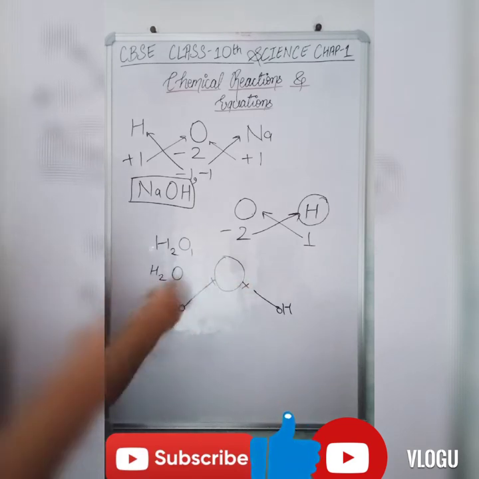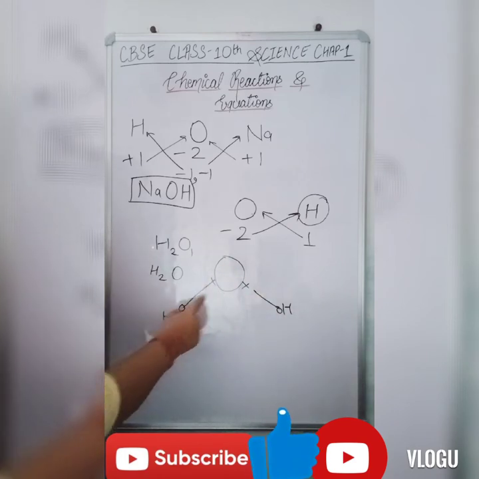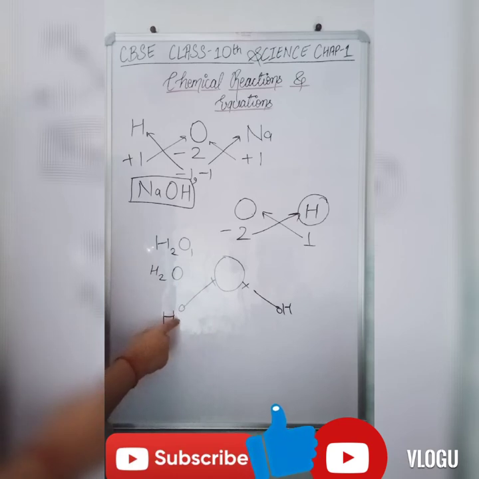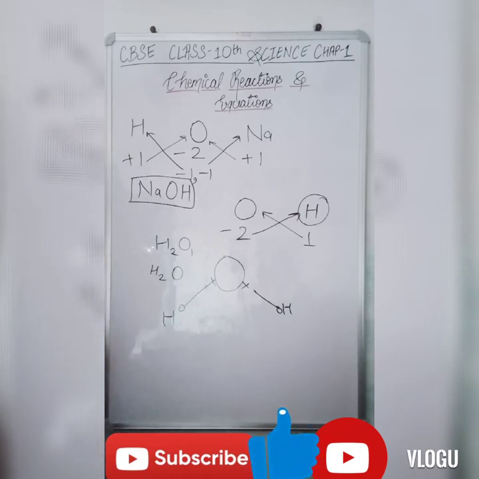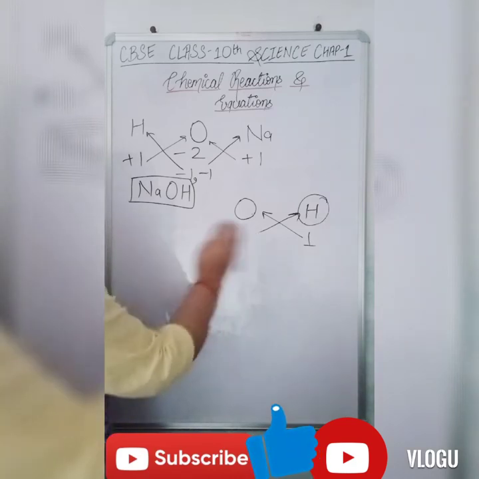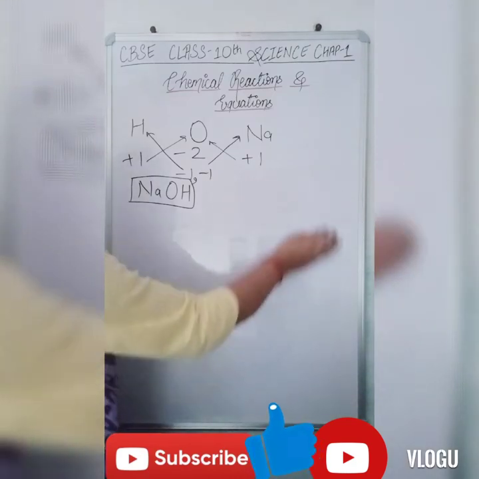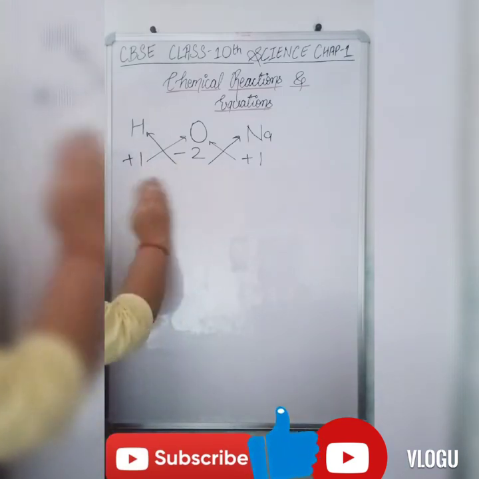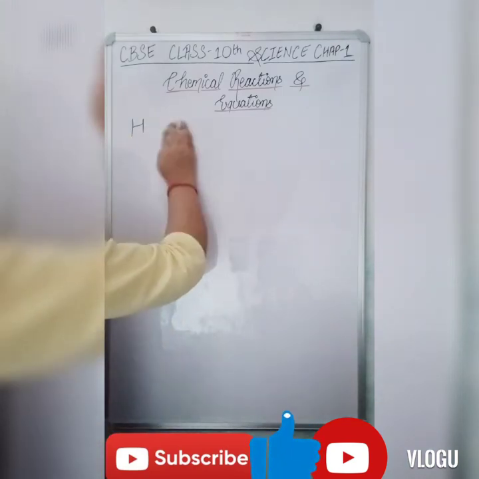In this case, neither is the oxygen taking the electron from hydrogen completely, nor is the hydrogen donating its electron completely to oxygen. It's being shared here. So this is a covalent molecule, but it behaves like polar. So this was the concept behind molecular formula and valency. I hope you all get this.